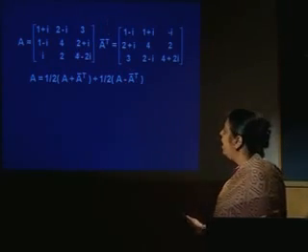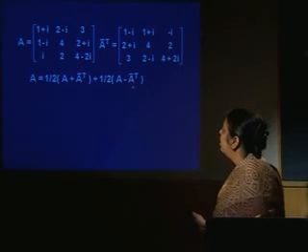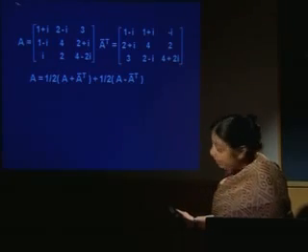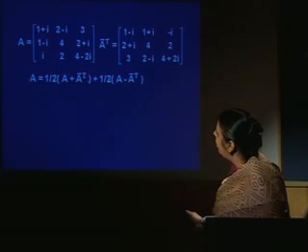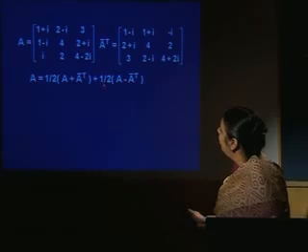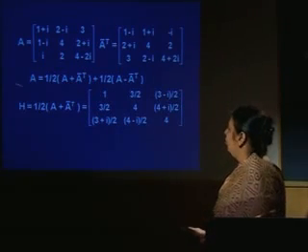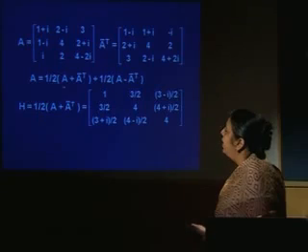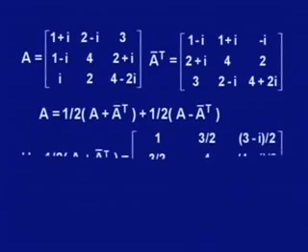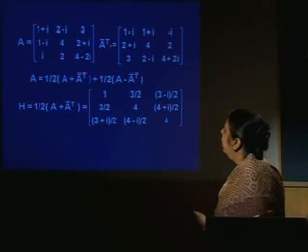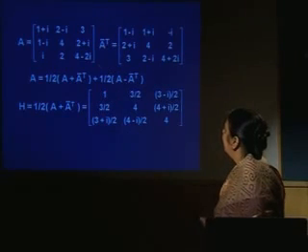So, what I have done is I have added and subtracted this from the matrix A. Now, one can prove that the first part, half A plus A bar transpose, is Hermitian, while this part is skew Hermitian. So, I take this part as H, half A plus A bar transpose. For given this A, I add A bar transpose and take half of it, so I have this matrix.